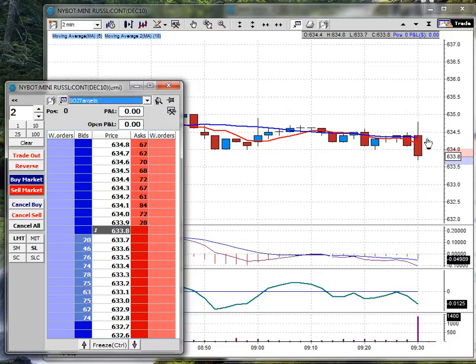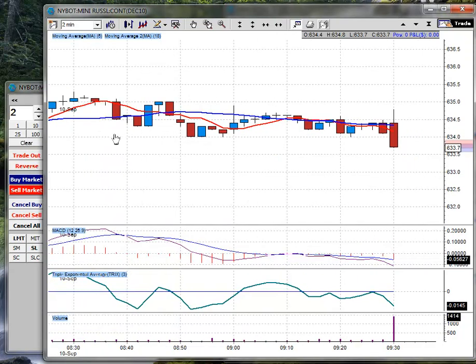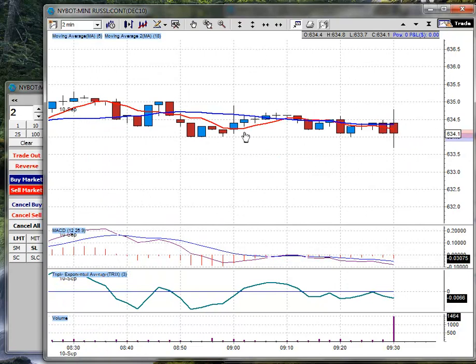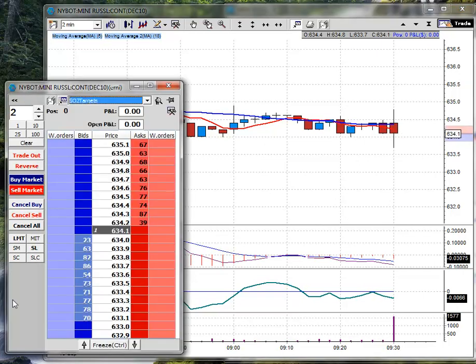I have an inkling it's going to break short. You can see kind of like a support level right here that it's going to be testing. The TRIX indicator is gravitating below the 0 line, and all of our other indicators are in a short position, but it doesn't really mean much right now while everything's so flat. We really want to see the MACD spread out.